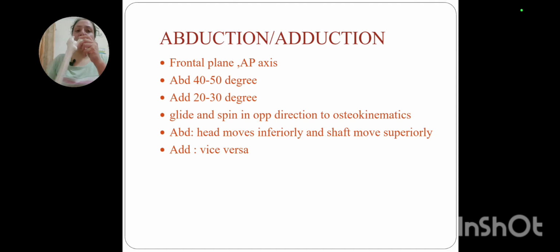In abduction, the head is moving inferiorly, whereas the distal end or the shaft is moving away from the midline superiorly. Whereas in adduction, the head is moving superiorly and the shaft is moving inferiorly and medially. So glide and spin again take place opposite, and adduction occurs at a range of 20 to 30 degrees.